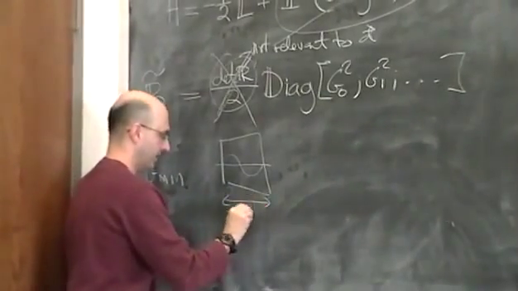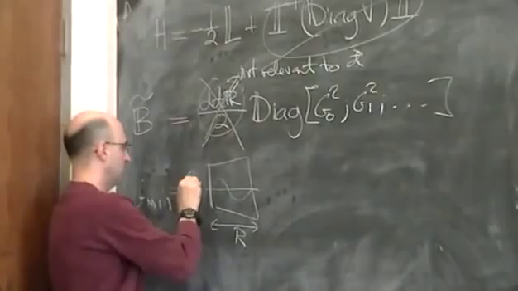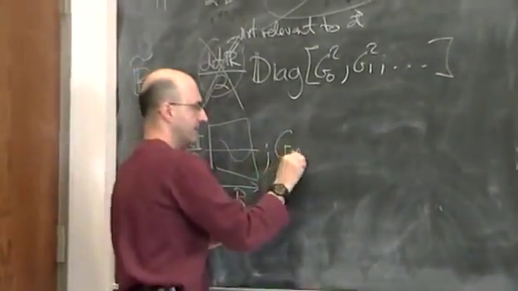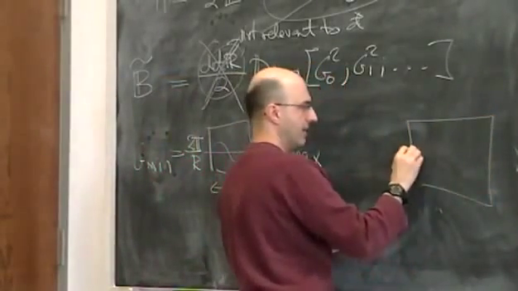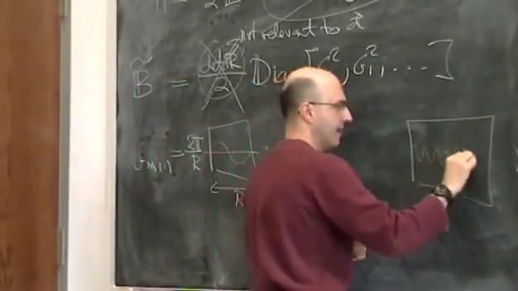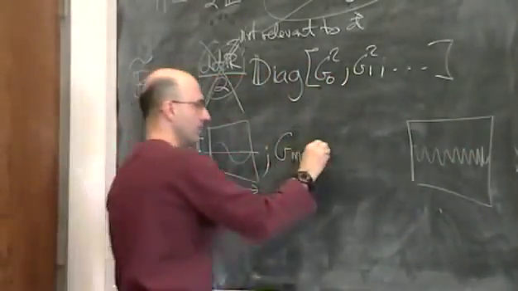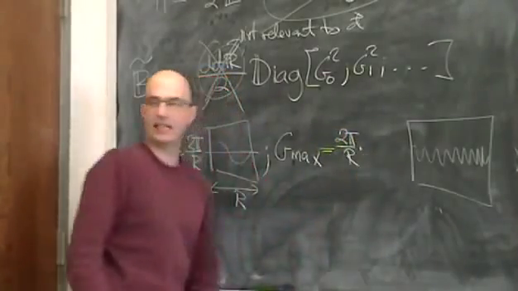My box will have lattice constant R, so G min is going to be something like 2 pi on R. Whereas G max, if I draw a picture of that, then I'm talking about a wave that is at my Nyquist frequency. So G max will be something like 2 pi on R times some integer.